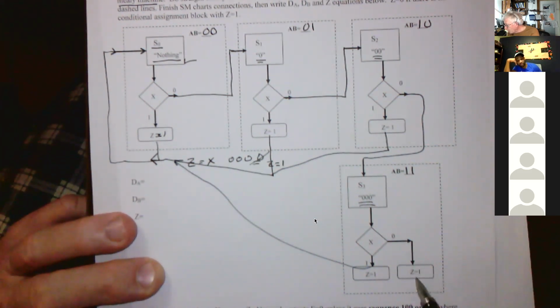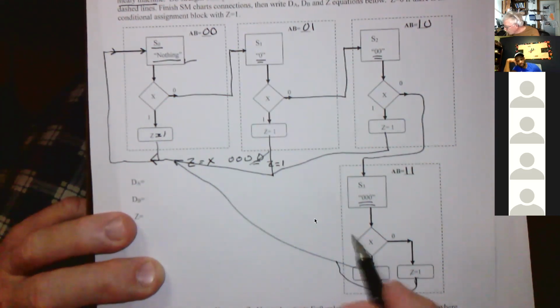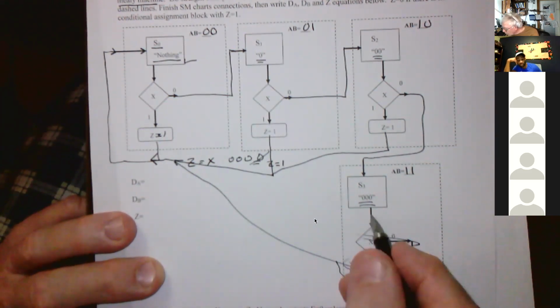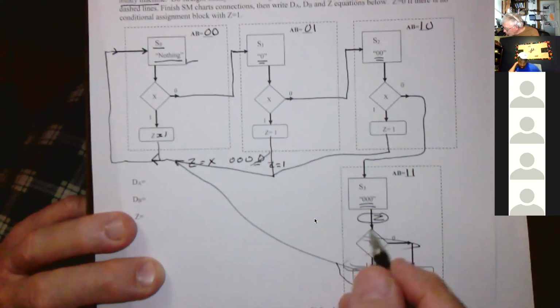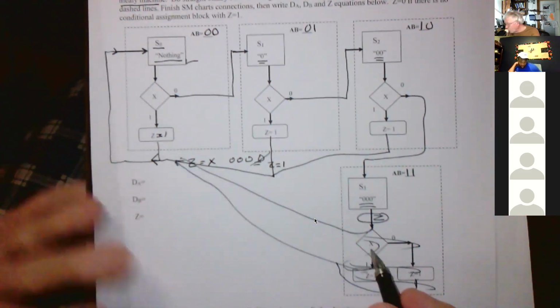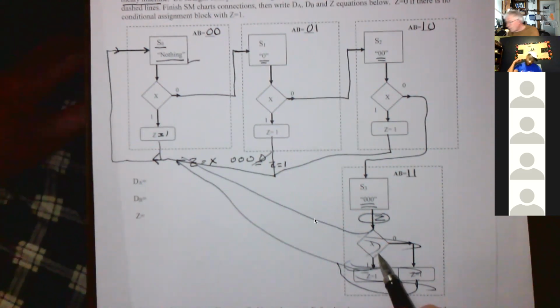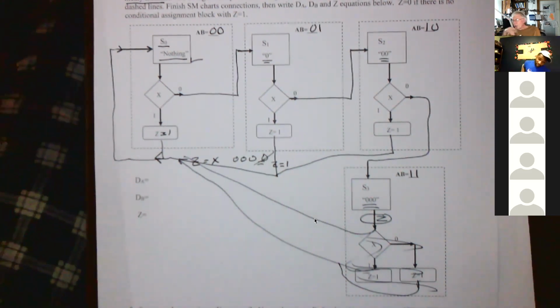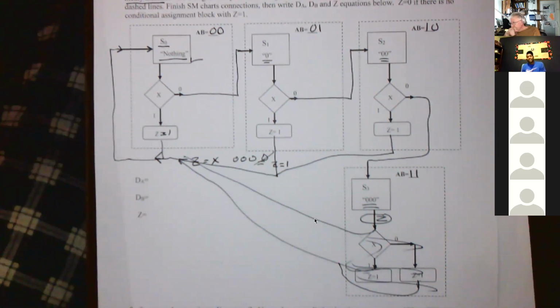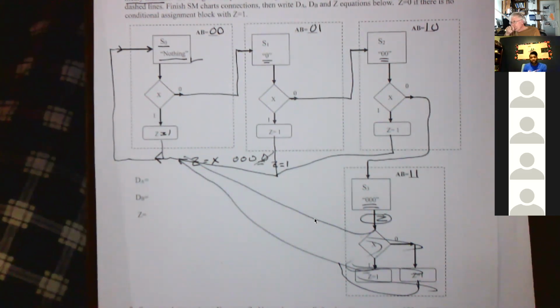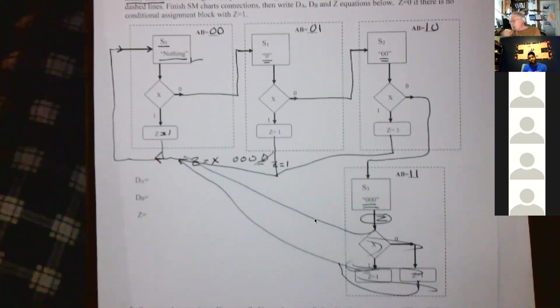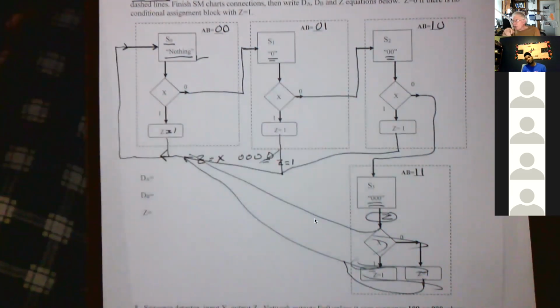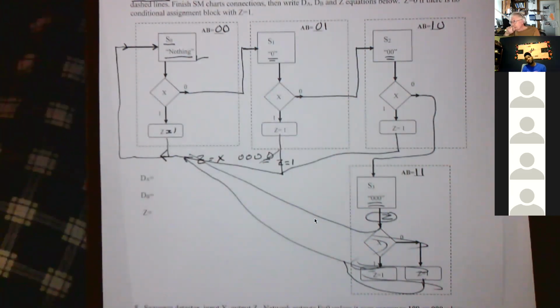We still reset, and we still output a Z equals 1. So the truth is, we don't even need this. We can just put a Z block here, and this can automatically go back here. We don't even have to consider X because it doesn't matter. So that's a way to trick us, to make sure that we know what we're doing. It doesn't matter how you write it. You'll still get the right answers.